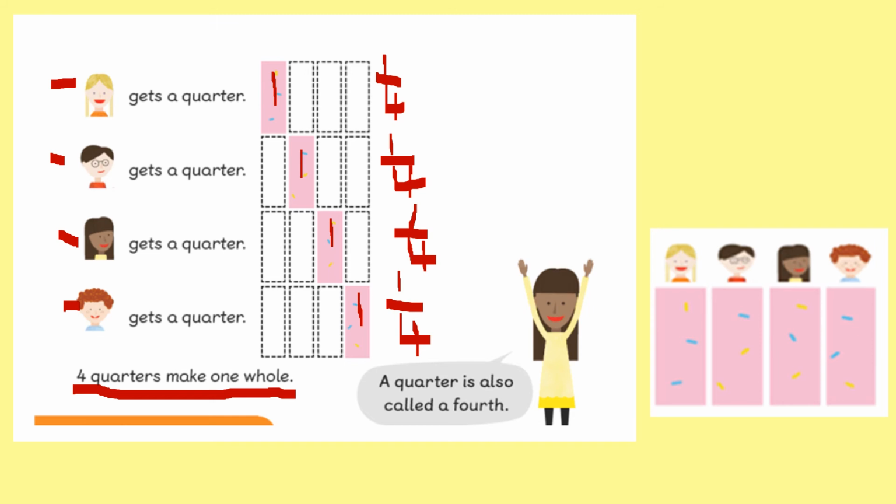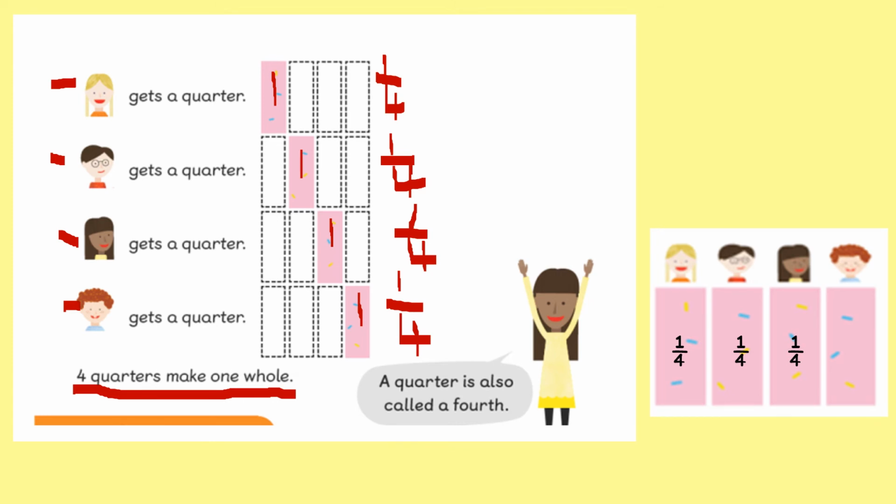And we can see it here. Here are the children, and you can see the blonde-headed girl. That's how we write 1/4. She's got 1 piece of the cake, and there are 4 pieces of the cake altogether, because the cake's been split into 4 pieces, 4 quarters. So she gets 1 piece out of 4, 1/4. The young man gets another 1/4, 1 out of the 4.